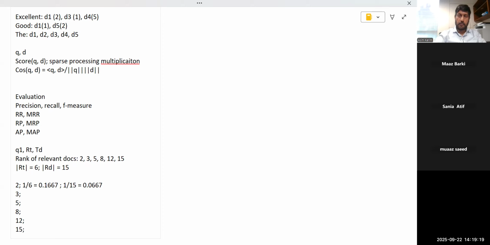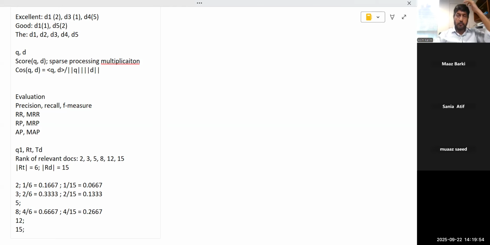How many relevant documents? 2/6. Right? So that is the recall, and then the precision will be 2/15. Okay. So this way you can keep computing. Let's say I compute for 8. How many documents have we found by then? 2, 3, 5 and 8. This is 4/6, and then we have 4/15.